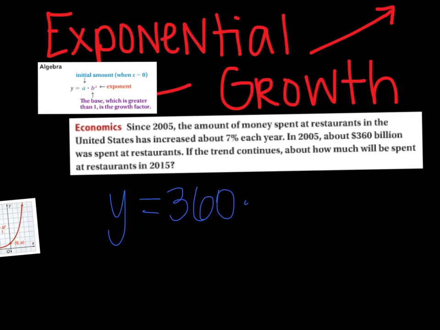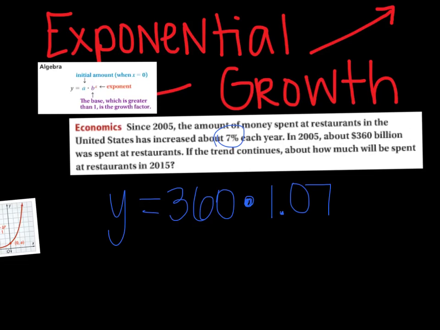And then you're multiplying it by B. B is your growth factor, and I mentioned previously that B is 1 plus the percent rate. And so what that means is it's always going to be 1 plus, because it has to be greater than 1. And then your percent rate is 7%, so it's 1.07. So you're factoring in that percent in that way.